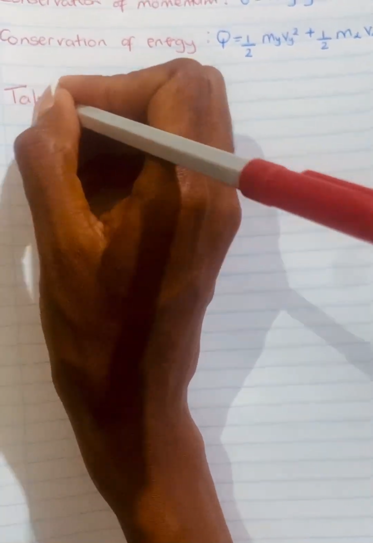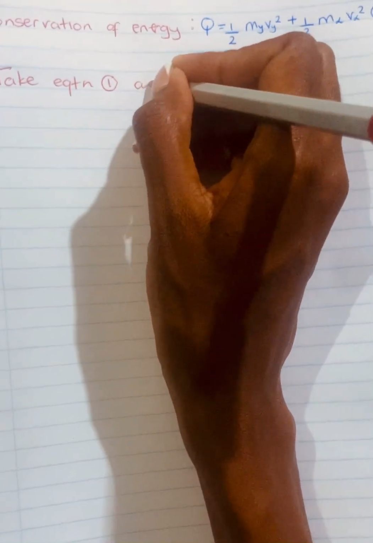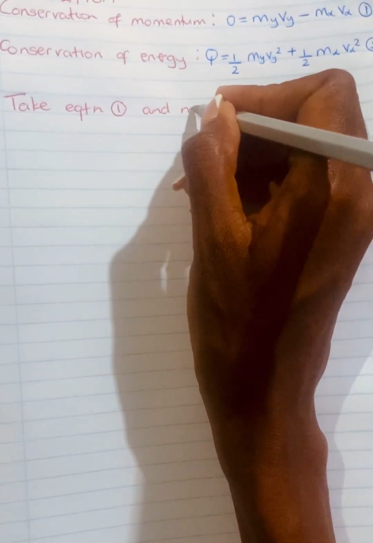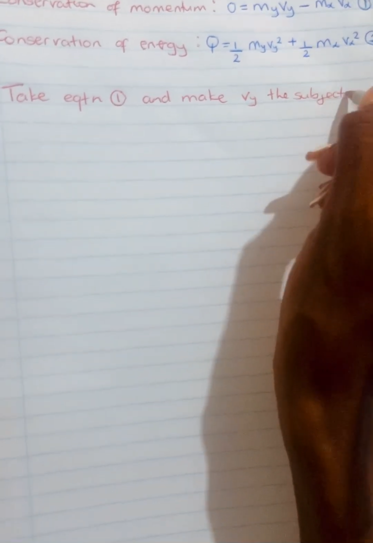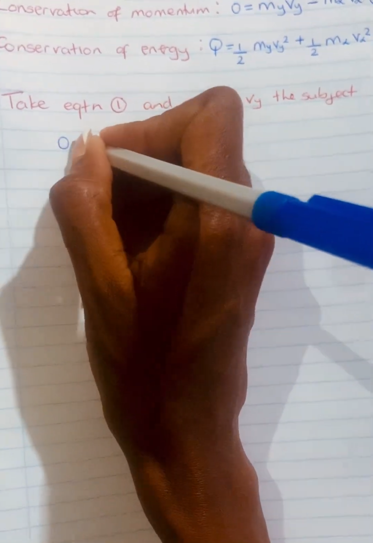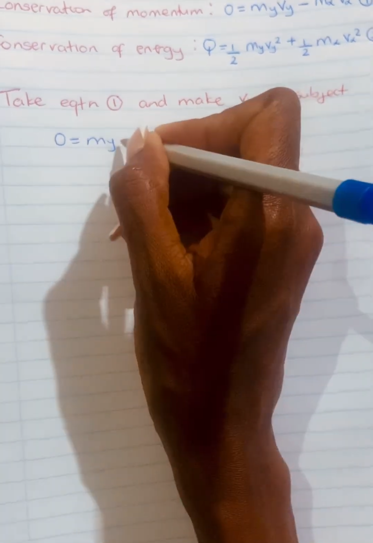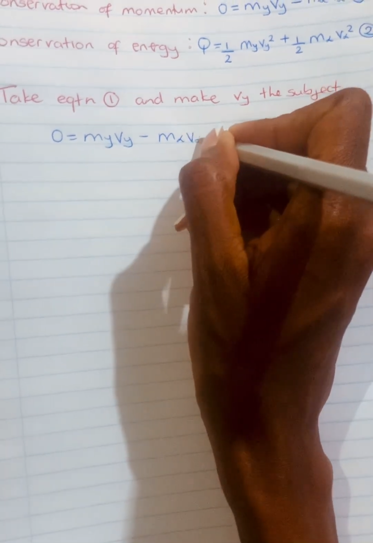So now I want us to take equation 1 and make v_Y the subject. Equation 1 is 0 equals m_Y v_Y minus m_alpha v_alpha.